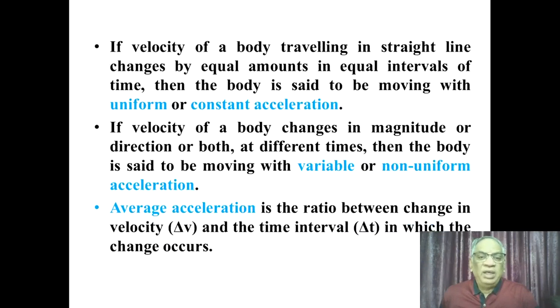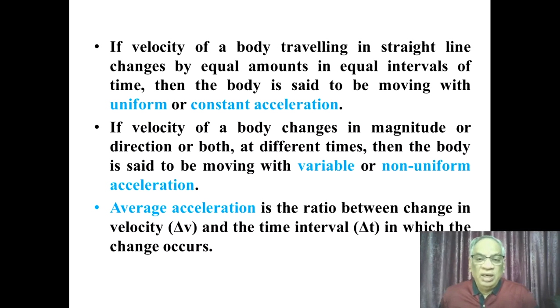The velocity of a body traveling in a straight line changes by, we are now avoiding discussion about directional changes, so the body is moving in a straight line, let us assume. Then if the velocity of the body changes by equal amounts in equal intervals of time, the body is said to be moving with uniform or constant acceleration.